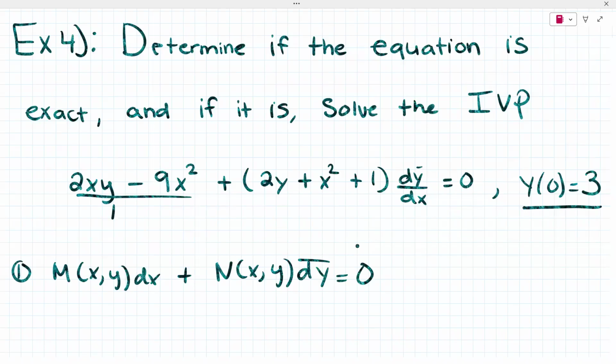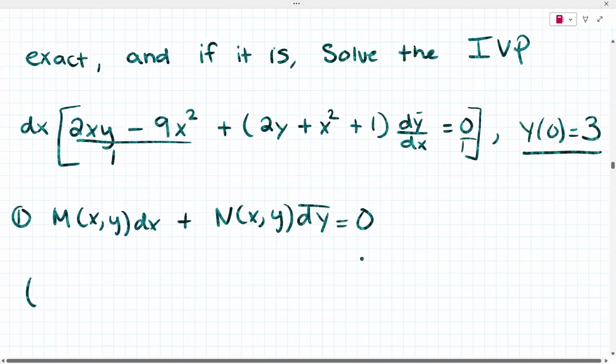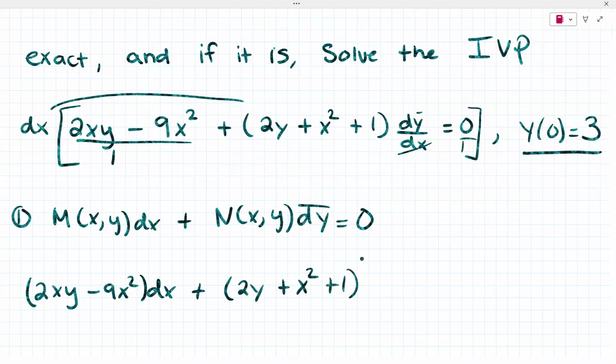You can multiply all 3 sides by dx, so that's what I'm going to do. This now becomes (2xy minus 9x squared) dx plus, over here, the dx cancels, and you're left with (2y plus x squared plus 1) dy. And on the right side, 0 times dx is 0. Okay, and now we have it in the correct form.